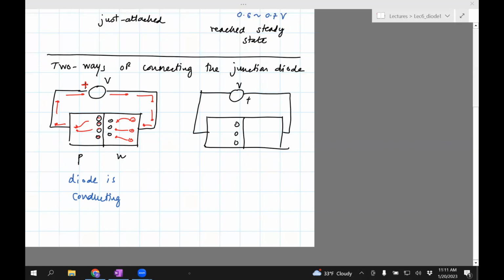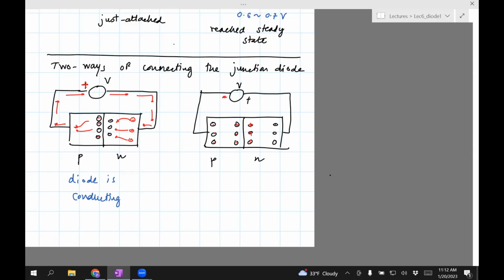So we did have excess electrons on the left side. So this is P, this is N. So there are electrons. And this is positive. So now what's going to happen is, because this is connected to the negative end, this negative and the negative here will repel each other.